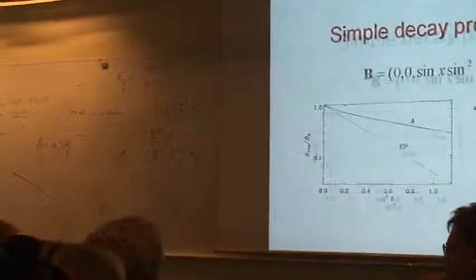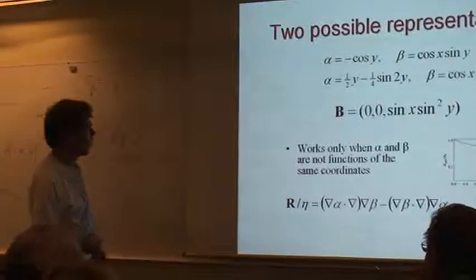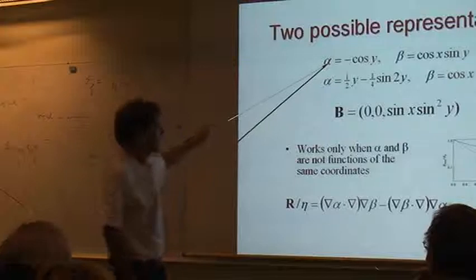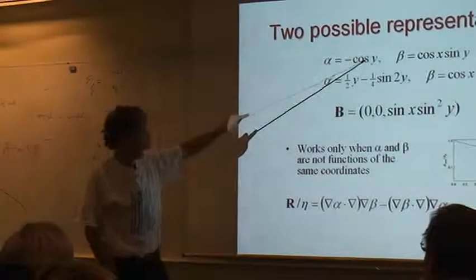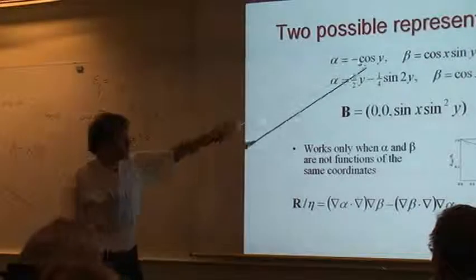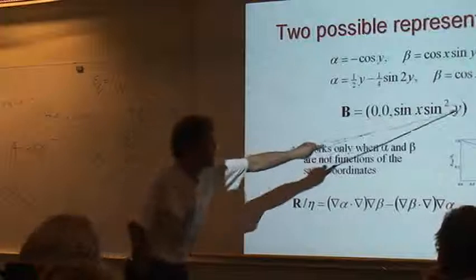The reason is that you have two different choices of how you can write this, and in one way it may still work, and the other way it doesn't. If you calculate it like this, you write alpha as this, and beta as this. Then you find that the gradient pointing in the y direction is proportional to sin x sin y.